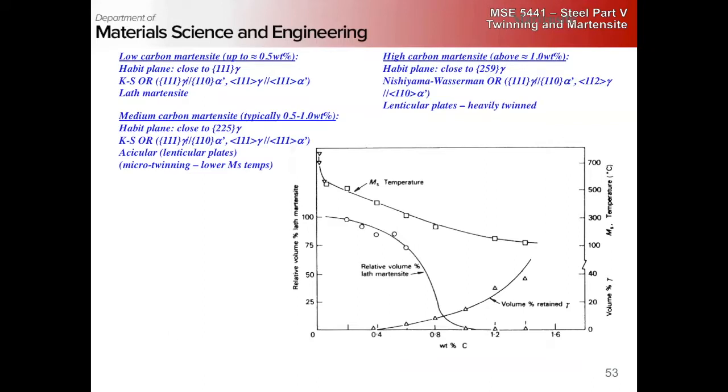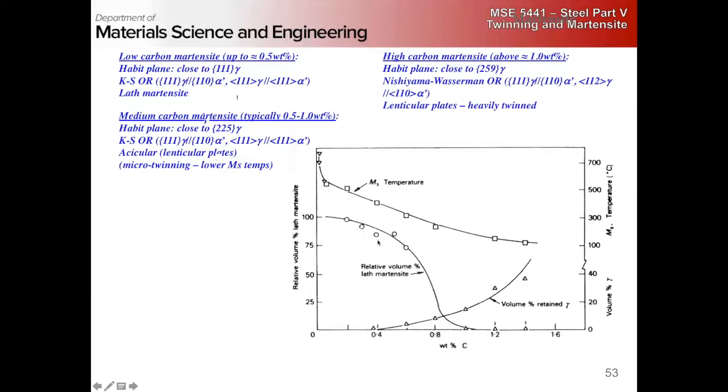So this is basically saying the same thing as I said before. At low carbon steels, we have a Kurdjumov-Sachs type orientation relationship, and we get a lath or slipped type martensite with a habit plane close to {111}. As we have an increased carbon content, our martensite start temperature decreases, right?